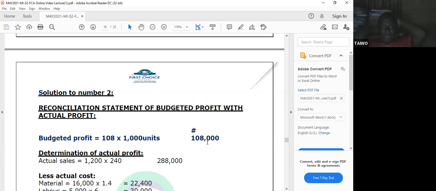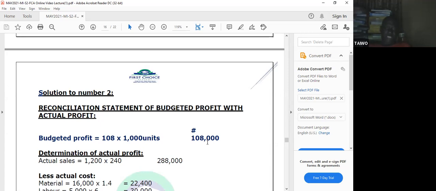So the budgeted profit, how much profit they were looking at making at the beginning of the period, is 108,000 naira. But how do we know whether the actual profit is higher or lower than this budgeted profit?